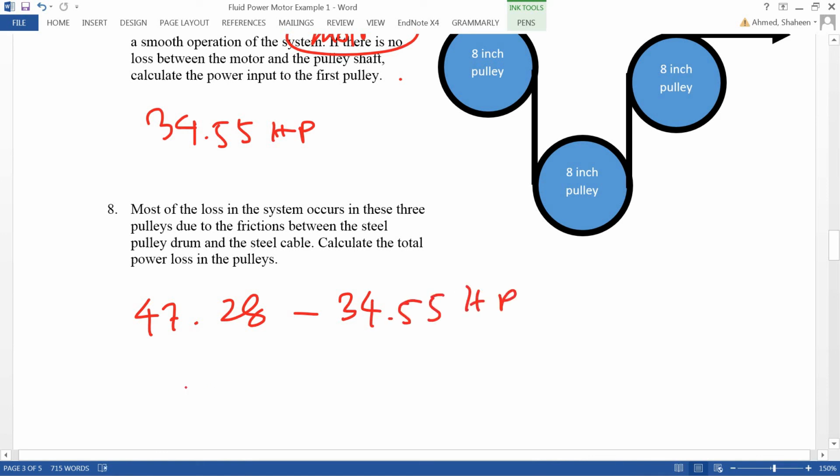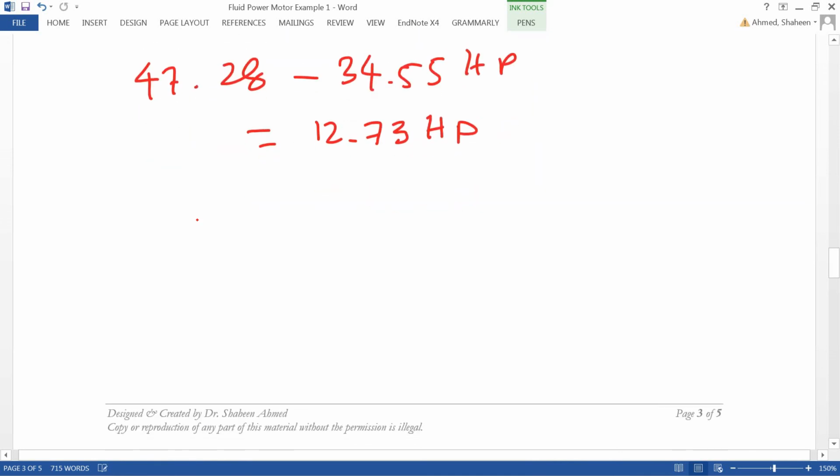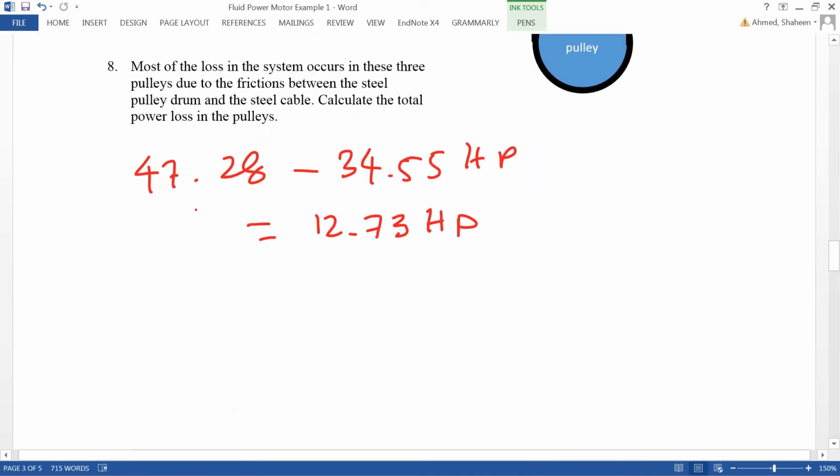Let me calculate that: 47.28 minus 34.55. I got 12.73 horsepower that is lost in the pulley friction and everything. I think that's all for this question.